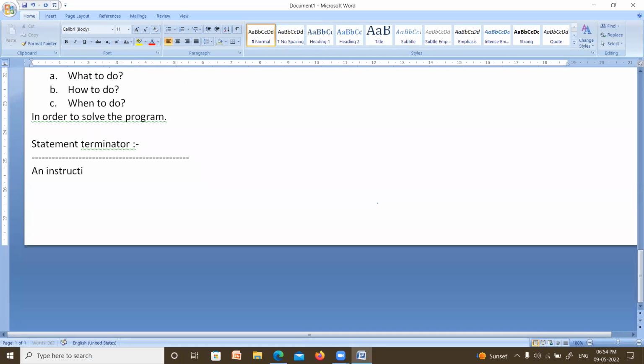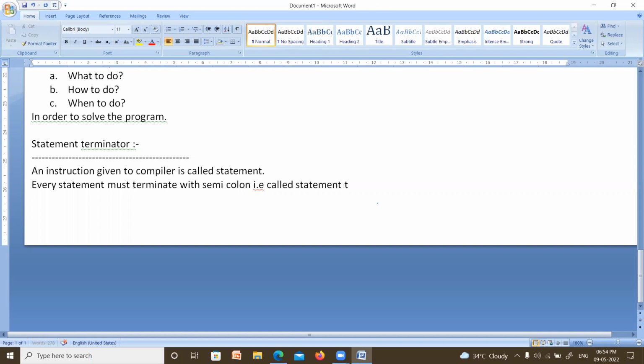An instruction given to the compiler is called a statement. Every statement must be terminated with a semicolon. That is called the statement terminator.